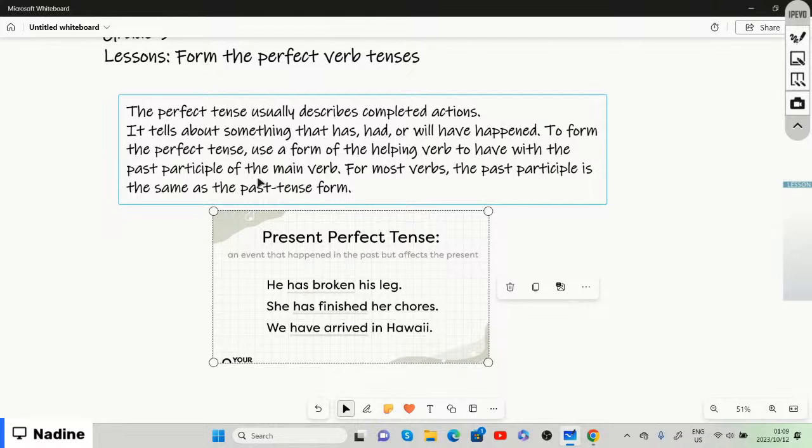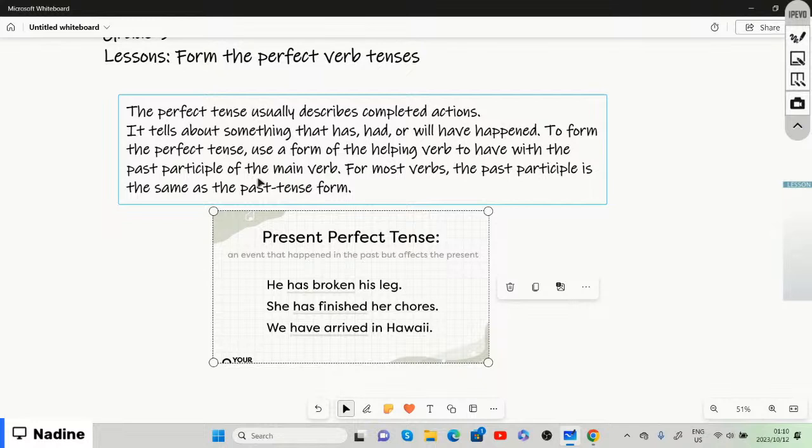For example, he has broken his leg. The second one is she has finished her chores.